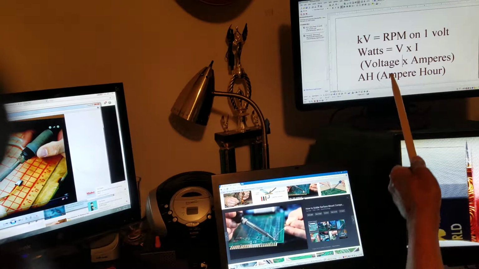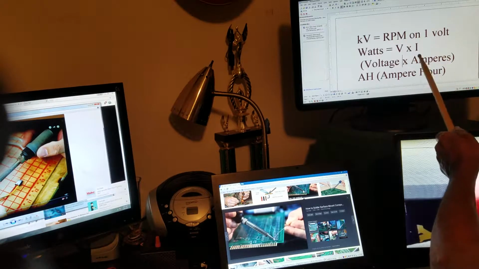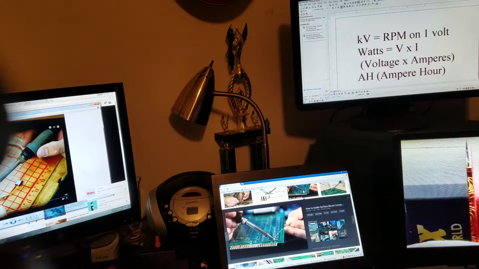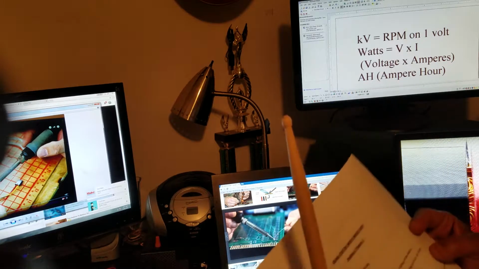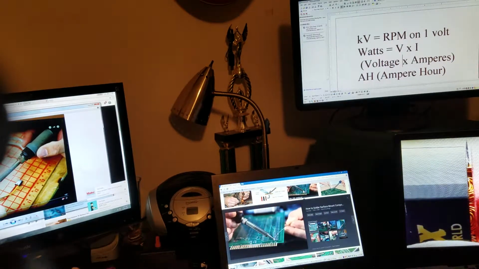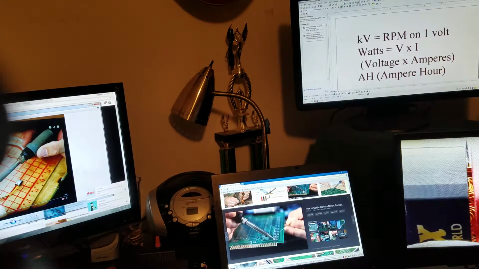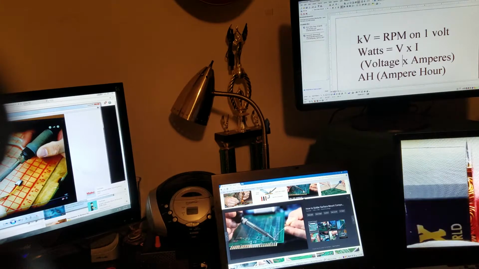It shows over here watts is equal to V multiplied by I, that is voltage into amperage. I hope I pronounced the word voltage properly. Okay, and then you have AH. AH means ampere hours. So what does that mean? That means at the rate of 1 ampere, energy flows for a total of 1 hour. That's the energy that has flowed through.